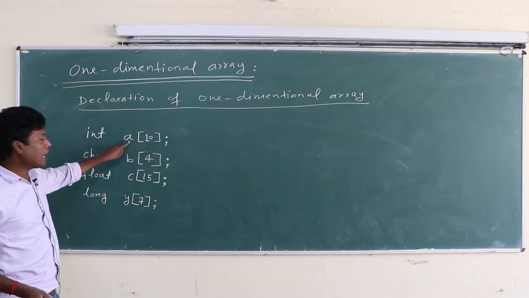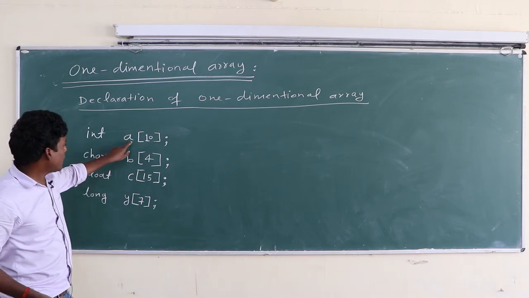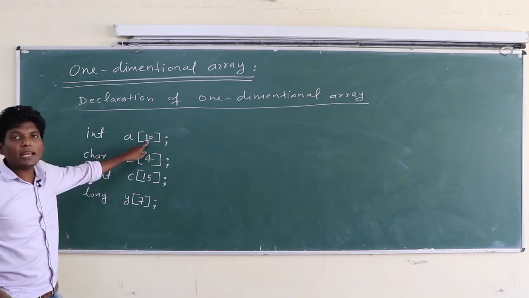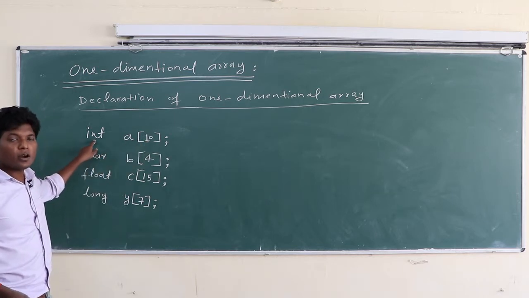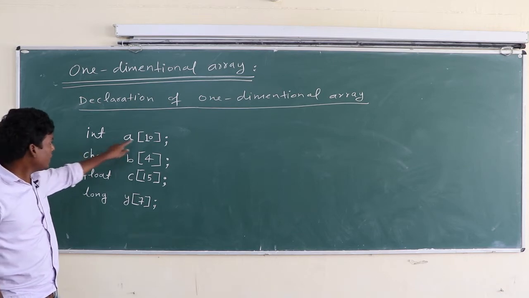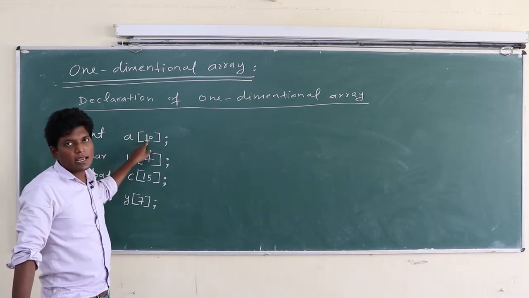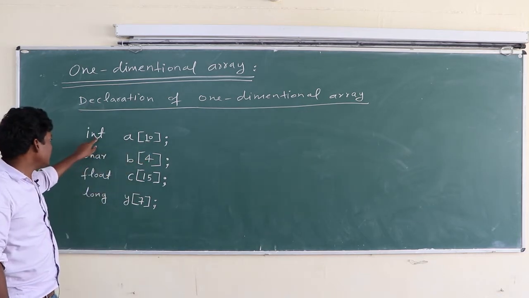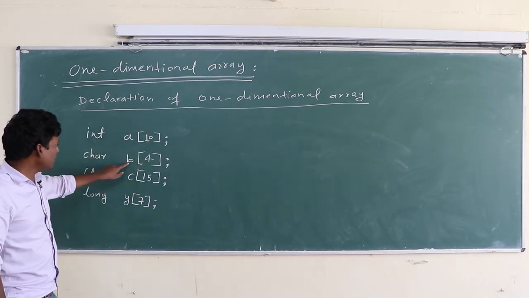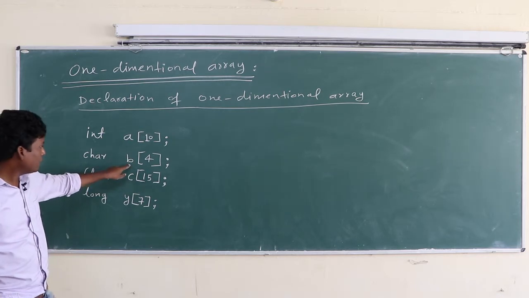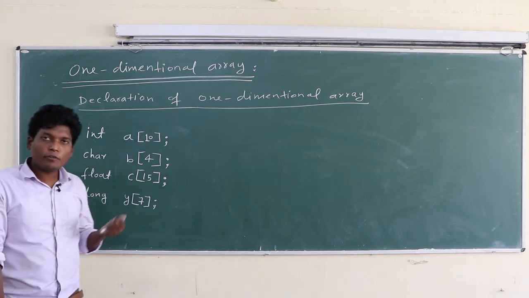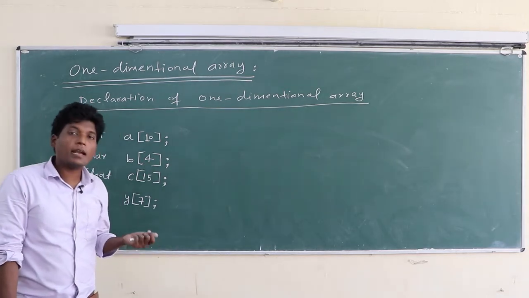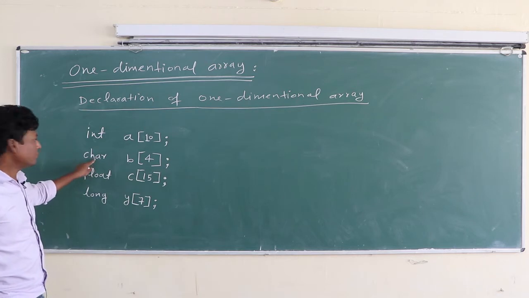So A is the array. In this array you can store up to 10 elements, and all elements must be integer numbers, because an array is a collection of elements of same type. Here B is the array, and array size is 4. So you can store 4 elements and all elements must be character type.